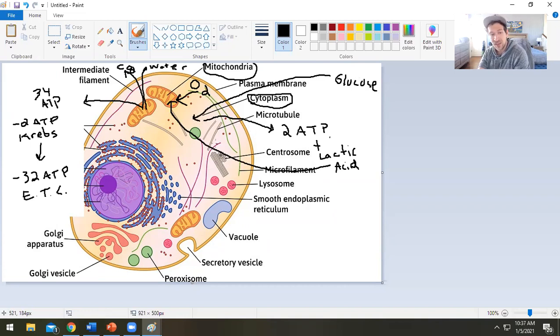That lactic acid goes into the mitochondria, and it adds some oxygen, and it will spit out 2 ATP in the Krebs cycle and 32 ATP in the electron transport chain. Then you've got some byproducts left over. Your cell needs to exhale CO2, which is carbon dioxide, and needs to get rid of a little bit of water as a byproduct. Does that make sense?